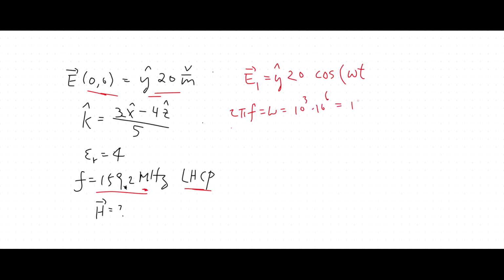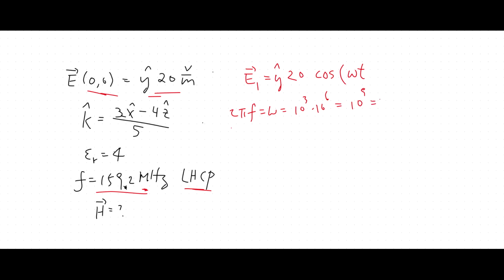I always use 159.2 just so that you can write omega without using a calculator. I'm sure a lot of you still punch it in the calculator in the exam, but the idea was to make it easier for you, or for myself, when I'm doing an example. So that's omega. I'm going to put that in later.